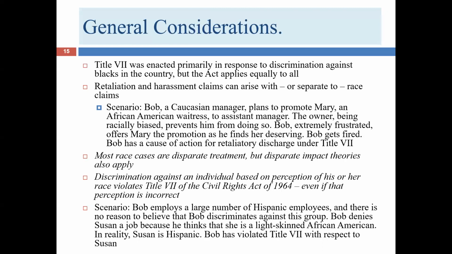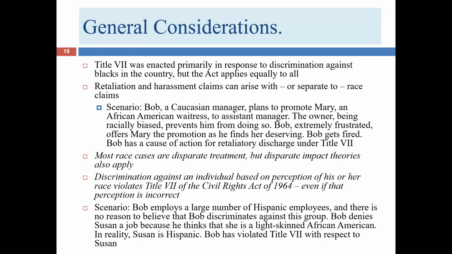Under those circumstances, if Bob can prove that the owner prohibited the promotion because Mary is African American, not because of the quality of her work, and can also prove that the owner fired Bob because of Bob's support of Mary, then Bob has a good claim for retaliatory discharge under Title VII.